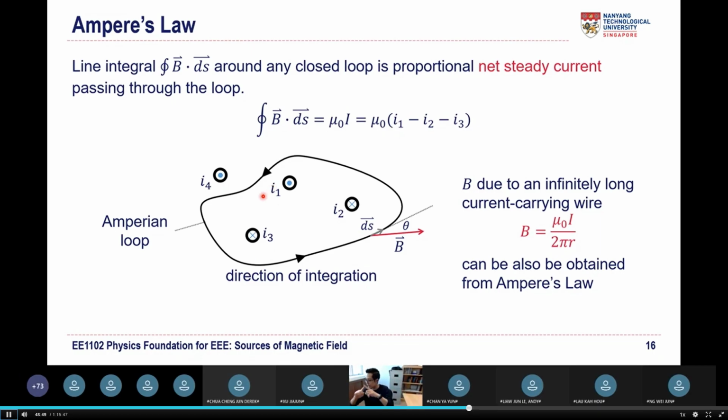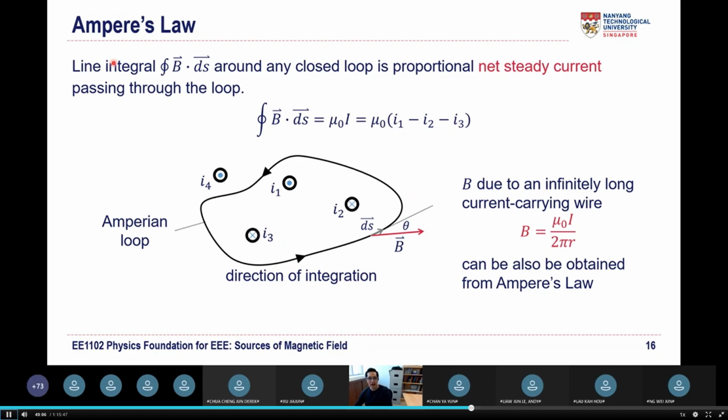But of course, because we cannot have magnetic field lines crossing, it's going to create some sort of vector sum. And we should be able to draw in all the magnetic field lines due to these current carrying wires just around it like that, okay? Including I4, of course.